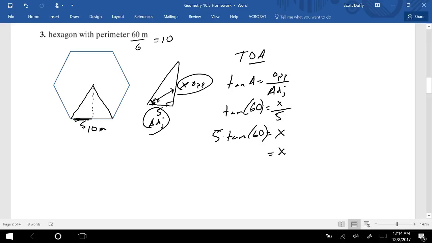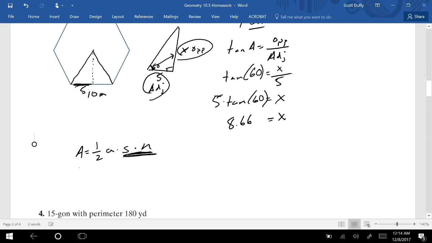When you multiply that out, you get 8.66. So that's what we're using as our apothem. And remember, the area formula is equal to 1/2 times the apothem times the side length times the number of sides, or this is also the perimeter.